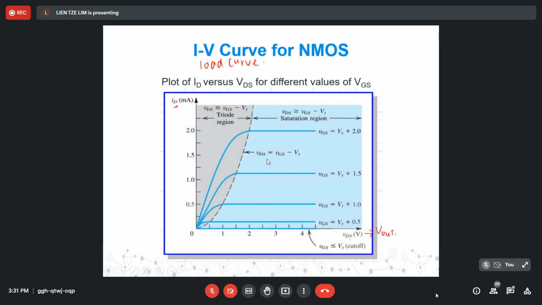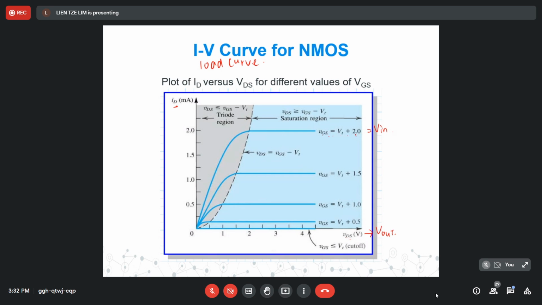The blue lines are for different inputs. VGS is a different input. This one is VGS equals VT plus 2. Where is the 2 from? It's actually a value that we assume.